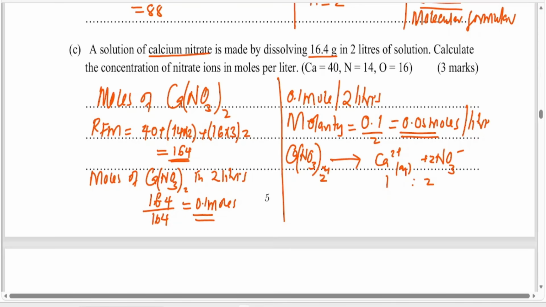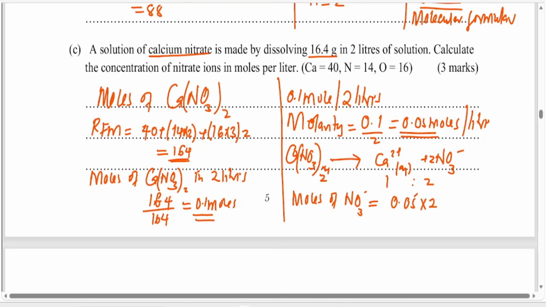But the moles we have are the moles of the calcium nitrate. So to get the moles of nitrate ions, because they were 2 according to our equation, moles of nitrate ions shall be the 0.05 per liter multiplied by 2.